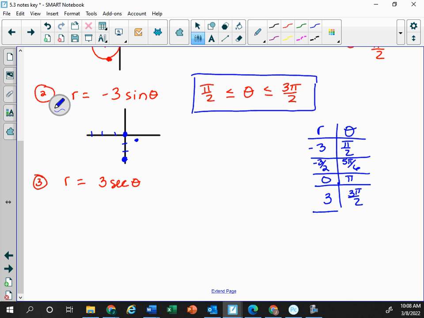So if I skip, let's do it just because it's hard to see what's happening on the other side. What if I plug in 7 pi over 6? What is the sine of 7 pi over 6? 1/2 or negative 1/2? Negative. So what's the r value then? 3 over 2. Okay.